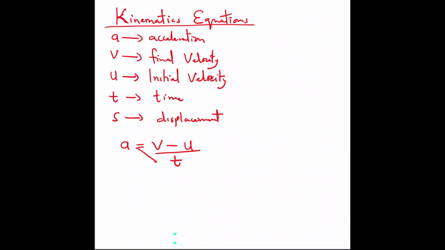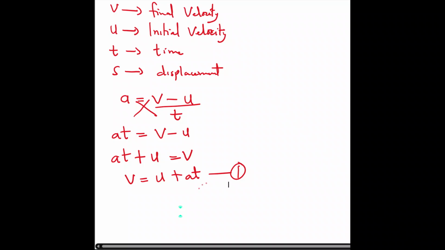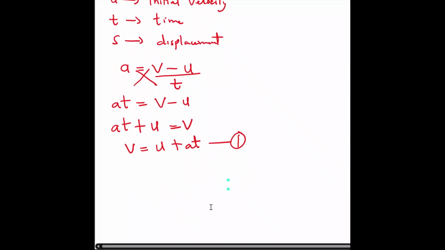If we cross multiply, it's going to be AT equals V minus U. Let's take U to the other side of the equal sign. That's AT plus U equals V. Now we can rewrite it as V equals U plus AT. So this is equation 1, the first kinematic equation.